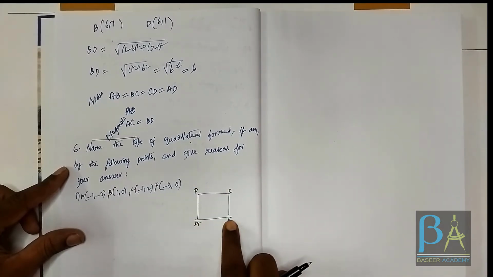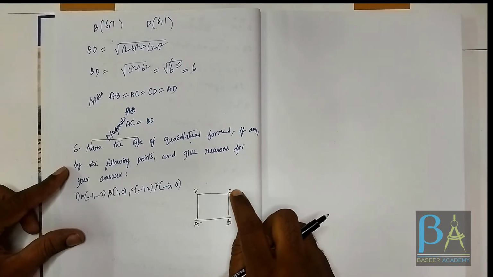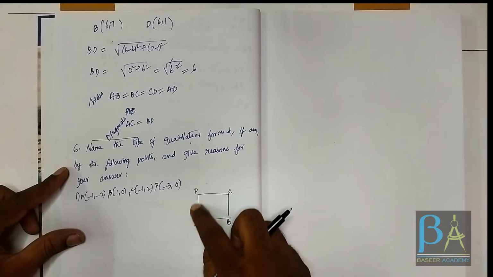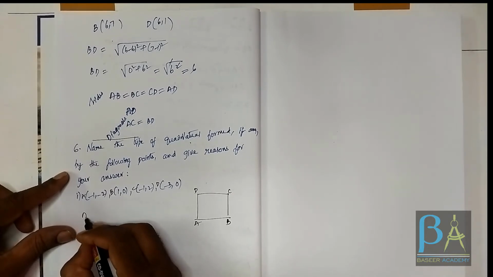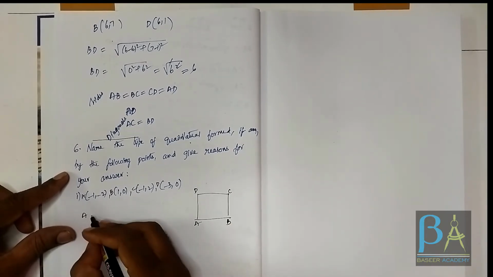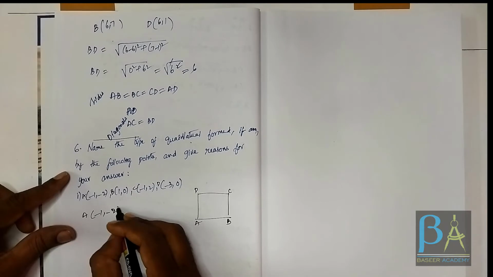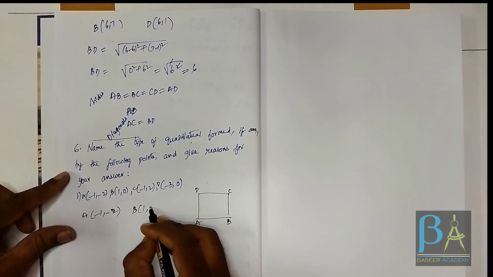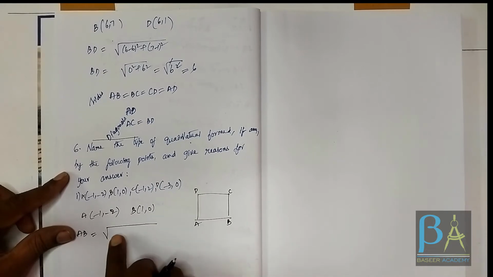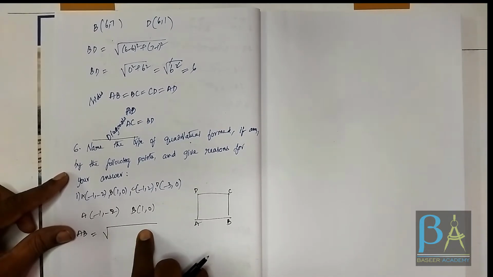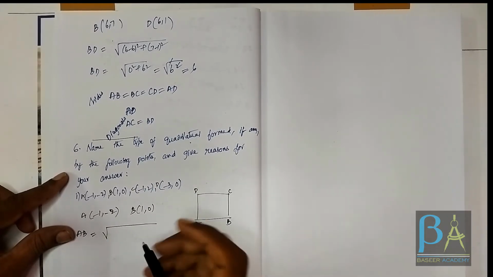Let us find out AB, and then BC, and then CD, and then AD or DA. Your personal choice. Now let's find the distance between A and B. A is given as minus 1 comma 2, and then point B is 1 comma 0. So AB is going to be square root of, you can write the distance formula, x2 minus x1 whole square plus y2 minus y1 whole square.